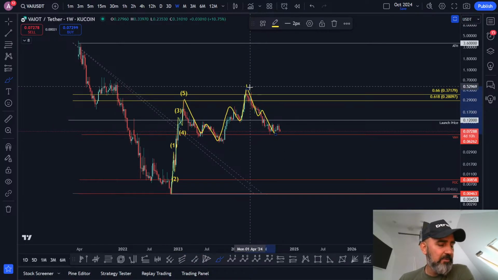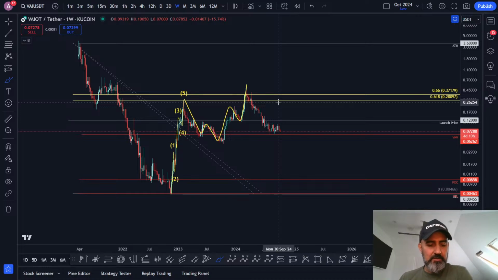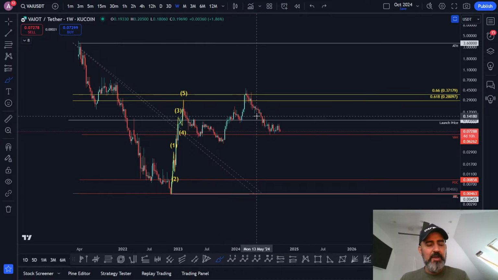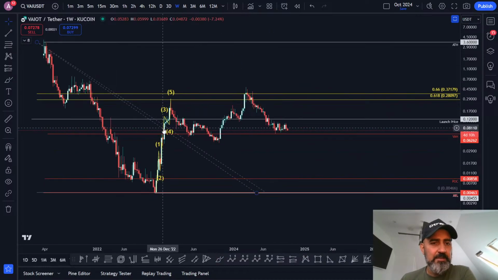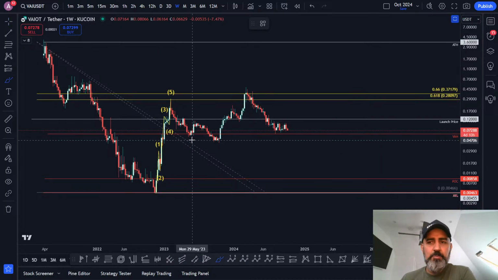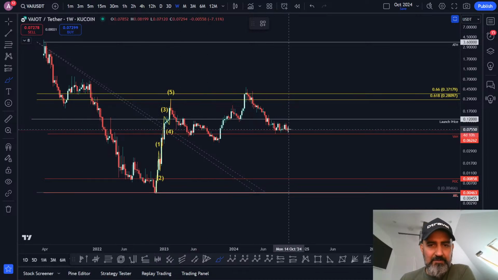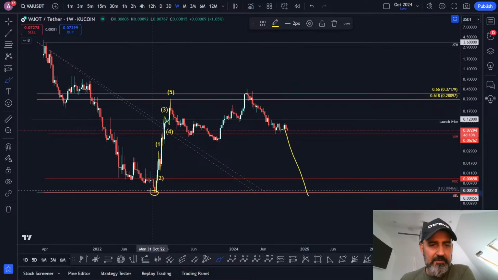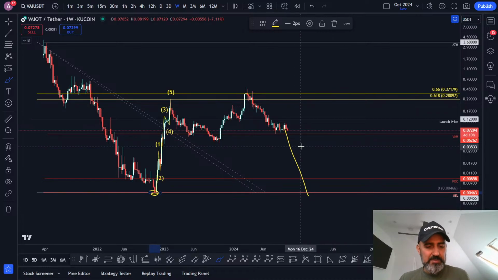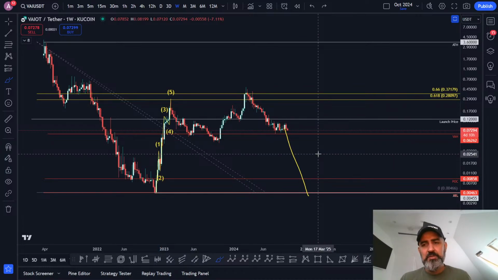So you're forming a WXY formation, a higher time frame corrective pattern. This is still valid, and this impulsive Elliott wave move would be invalidated if the price was to go underneath this 0 point, which it obviously doesn't look like it's going to do.